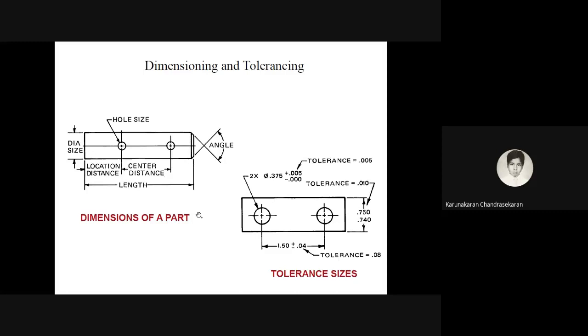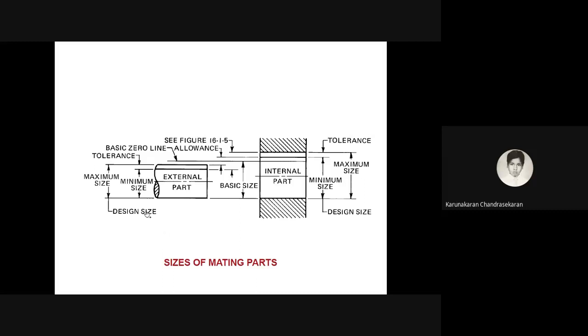Like the previous slide, the maximum size it can accommodate is this one plus 0.005, and there is no minimum, it is 0.375 only. So these are generalized terms which we use for understanding the tolerance. Maximum size minus minimum allowable size will give you the tolerance value.